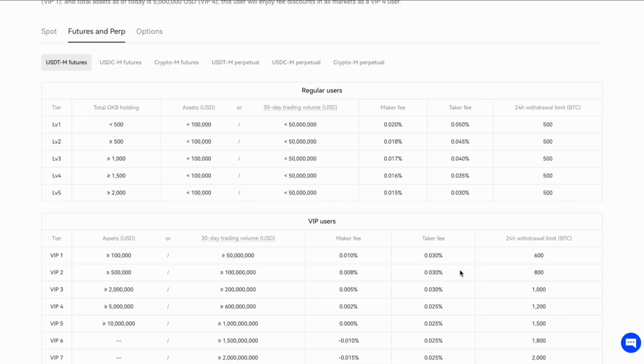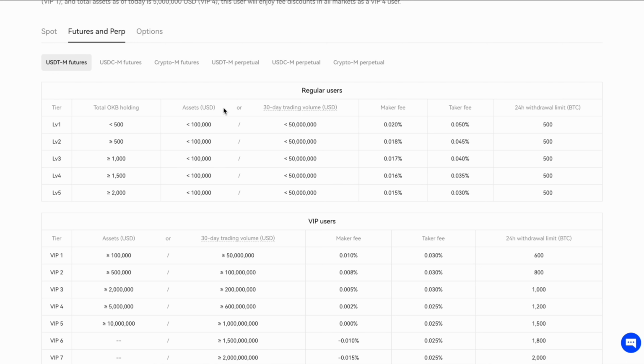So, for example, if reaching VIP 2 through future trading, you will also enjoy the VIP 2 level spot trading fees. Whether the low spot to future value requirement ratio yields some especially attractive sweet spot at OKX, we will see later during the in-depth comparison to other exchanges.